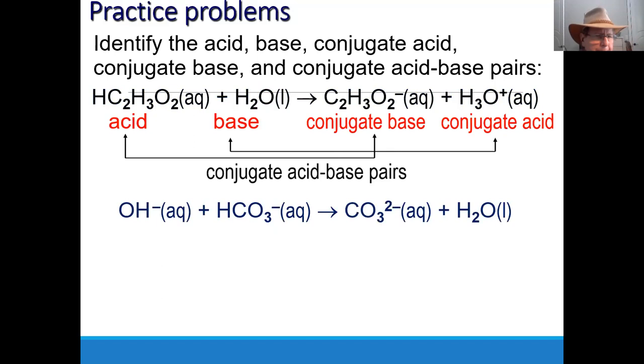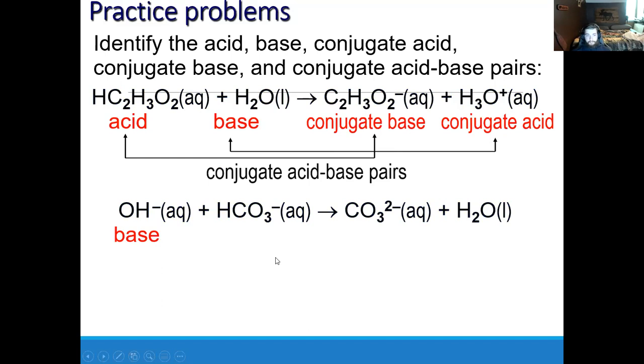Okay, Parker. In these, I've got OH minus reacting with HCO3 minus to make CO3 2 minus in water. Parker, look at the left first.